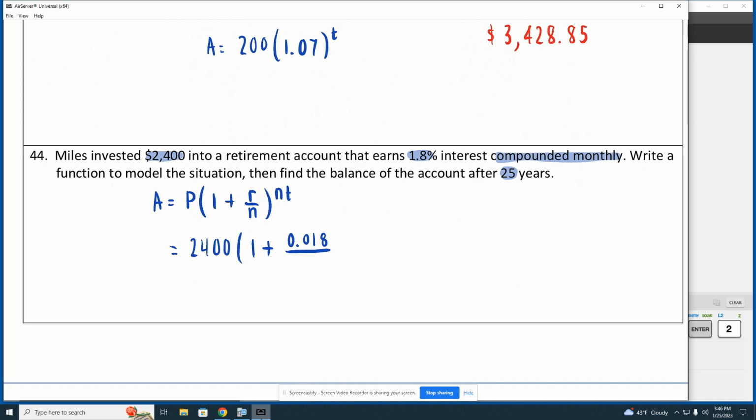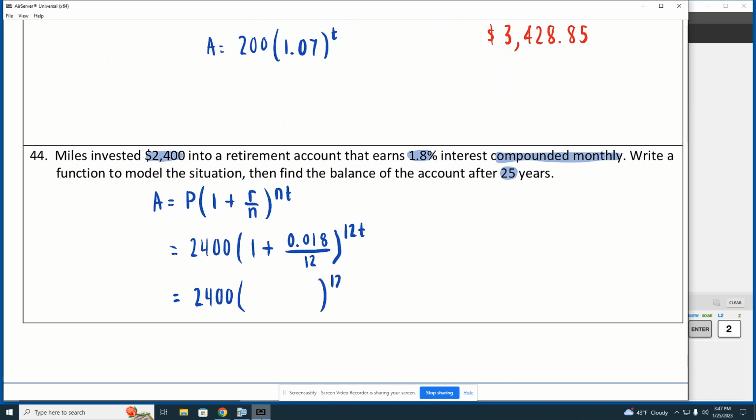Now here's the part, of course, that you have to think a little bit about. It's N, and that represents the number of times it's compounded every year. Well, they use the word monthly. We said that monthly was 12. So I'm putting 12 in both of those locations. Now, let me go simplify. I'm going to leave 2,400 alone.